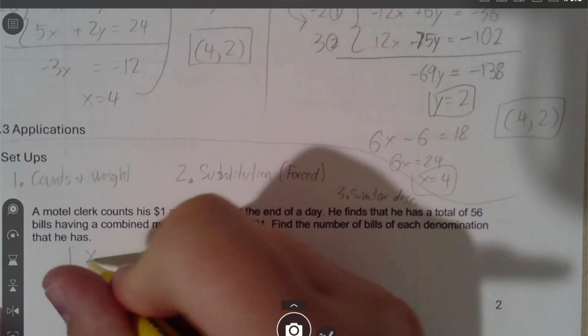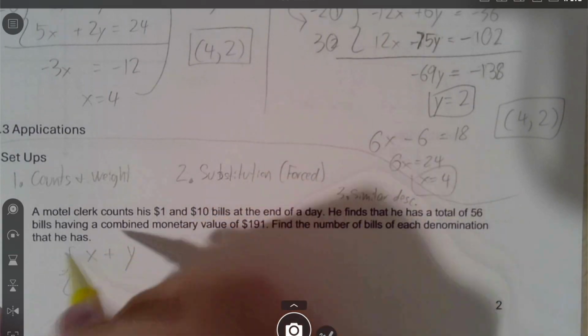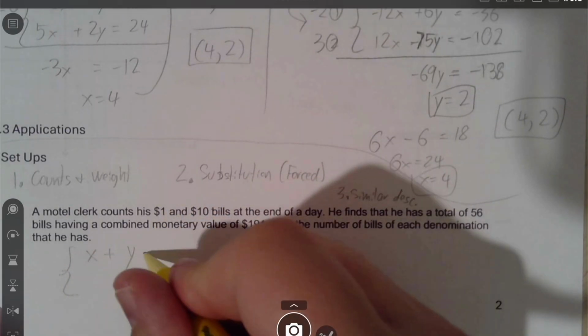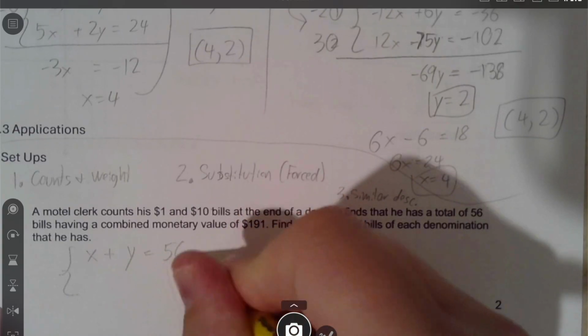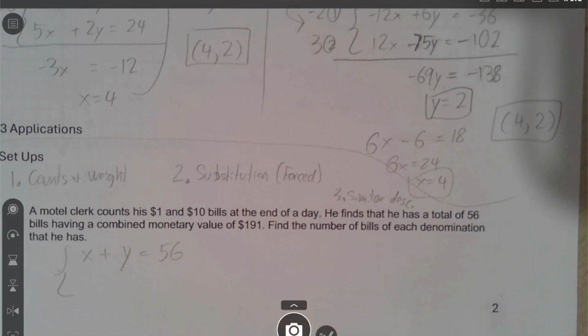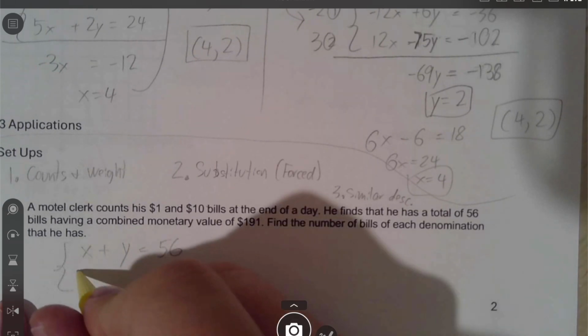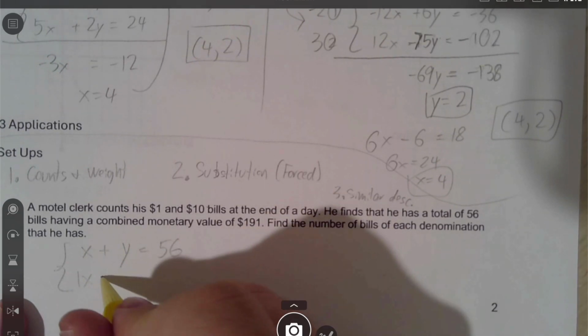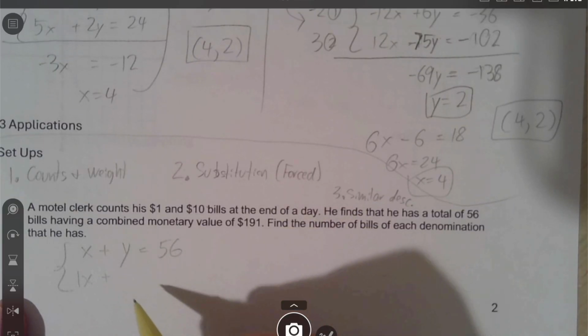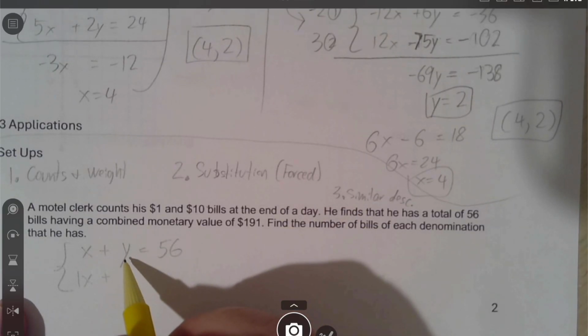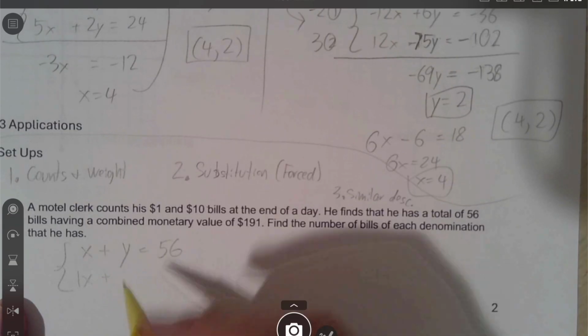We can form a counts equation, which is just however many ones plus however many tens must equal 56 bills, right? I'm just worried about the count of the bills. Now I form a second equation, and I say, okay, I'm going to take the x bills and multiply them by their worth, the $1 bills, and take my y bills and multiply them by their worth or weight.